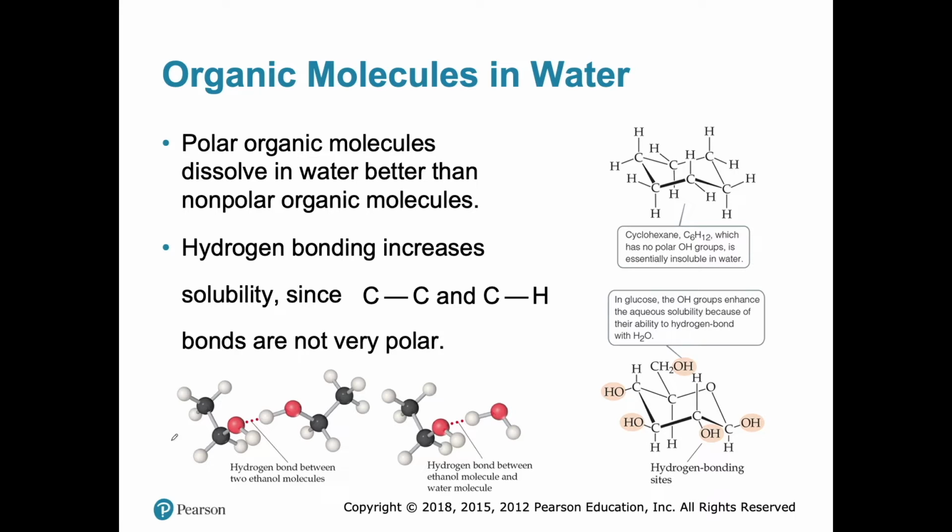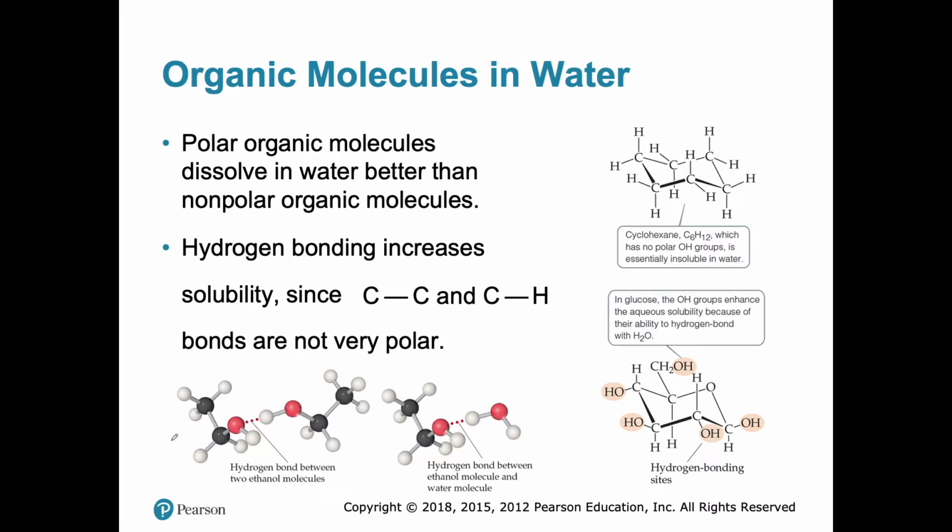So if we look at a molecule like this, cyclohexane, funny, I was just talking about hexane. Cyclohexane is all CHs, right? A carbon and a hydrogen, carbon and hydrogen, carbon, hydrogen, carbon, hydrogen. So it's all nonpolar. It's all organic, and there are no oxygens with hydrogens on them.